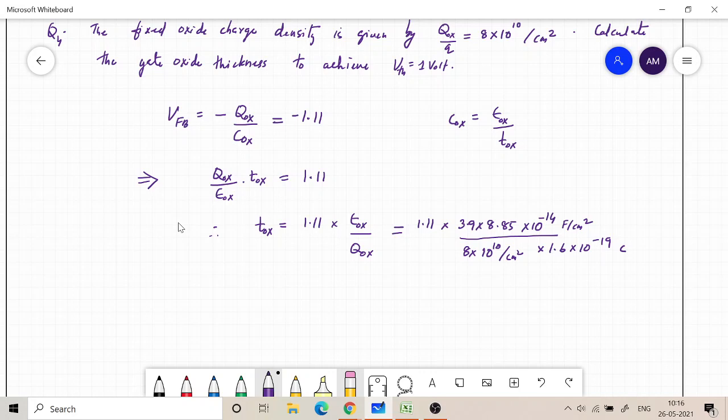So centimeter square cancels, and then farad per coulomb. So the units have some problems.